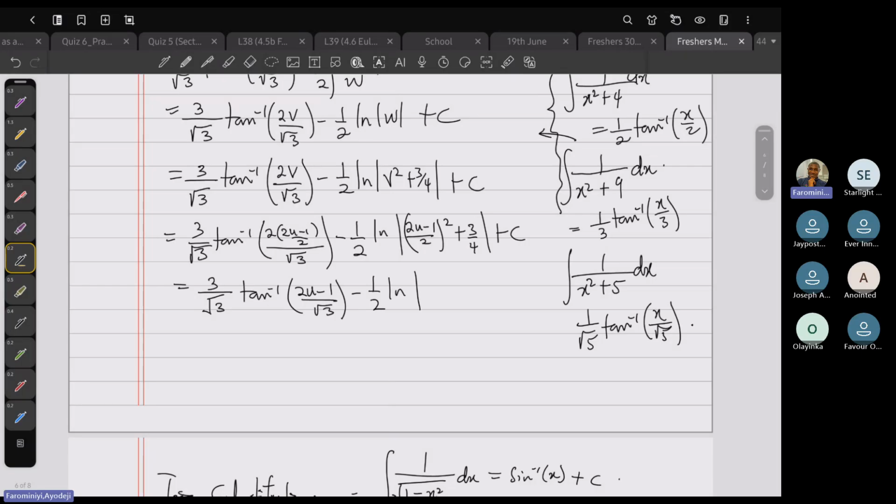So that would be 2U minus 1 squared plus 3 all over 4 plus C.